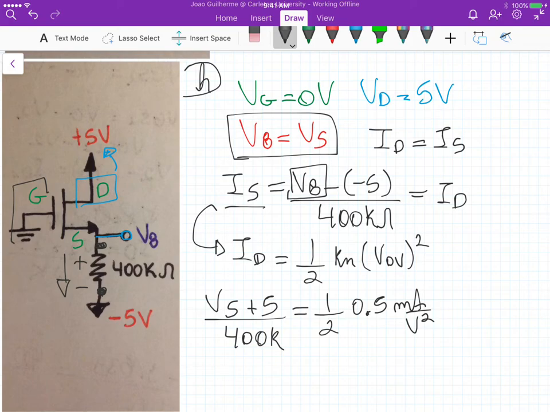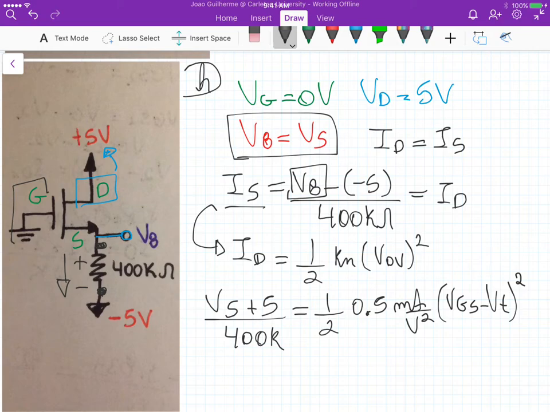And what's the overdrive voltage in this case? It's VGS minus VT, squared.